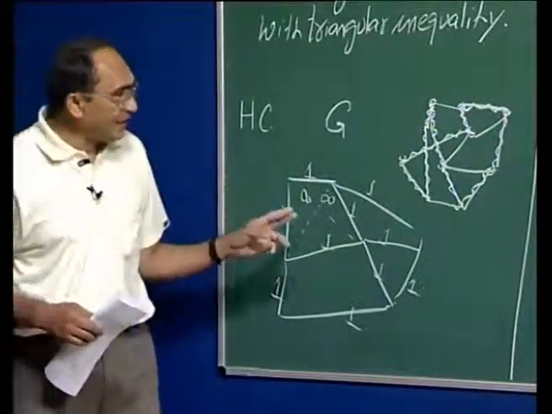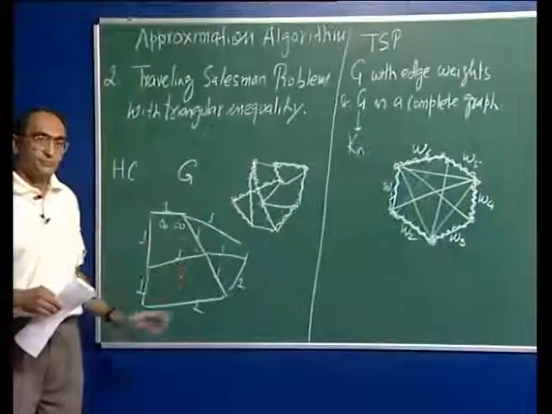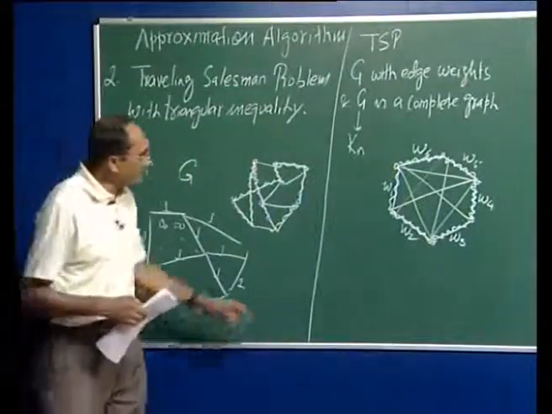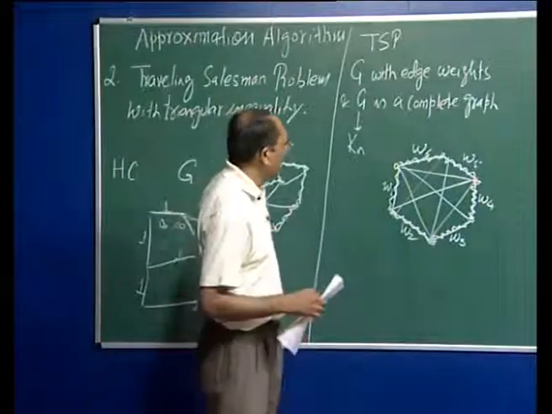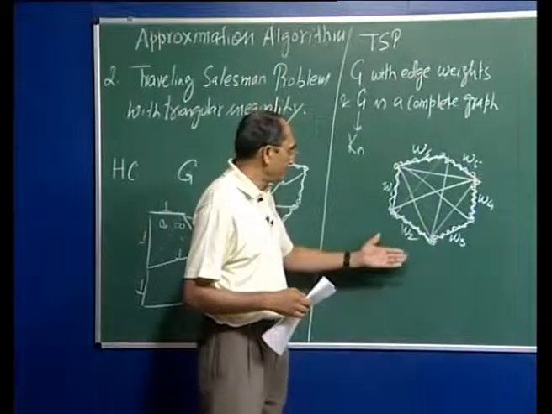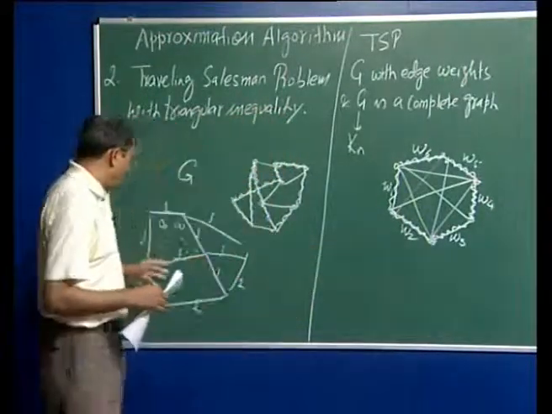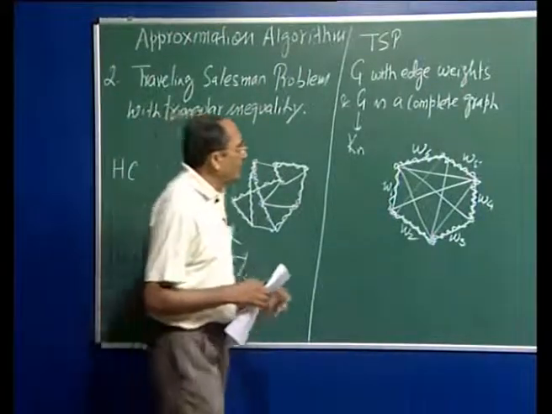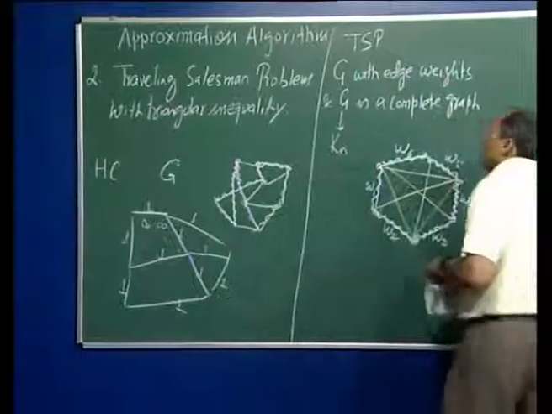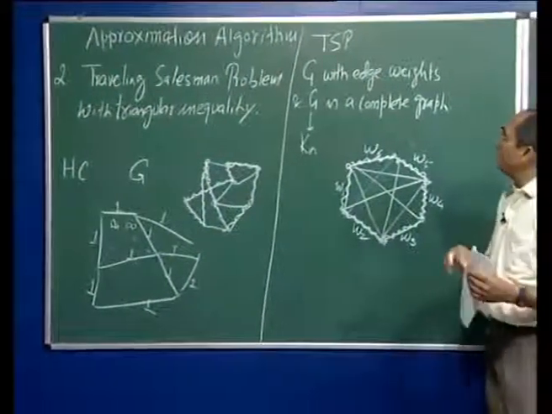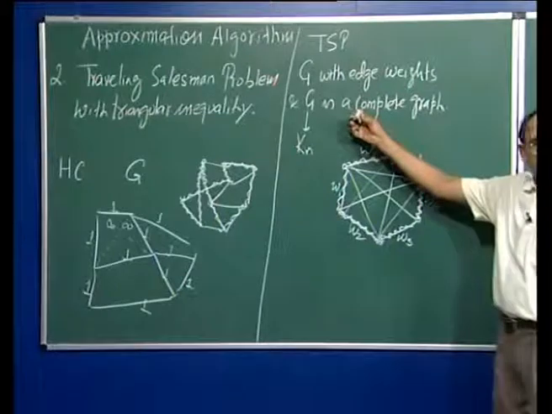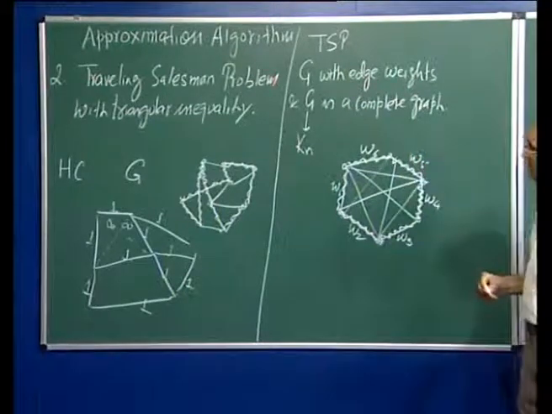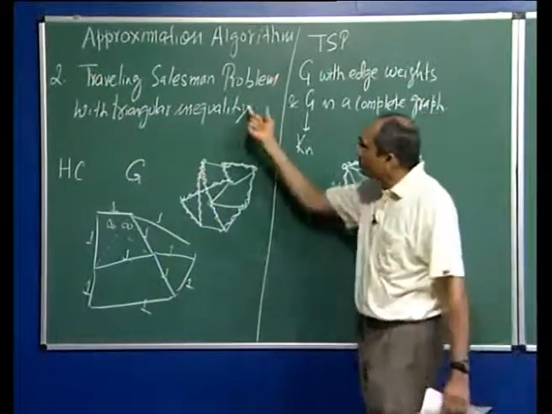So, immediately it can tell whether this has got a Hamiltonian cycle or not. So, indeed exact solution is hard.